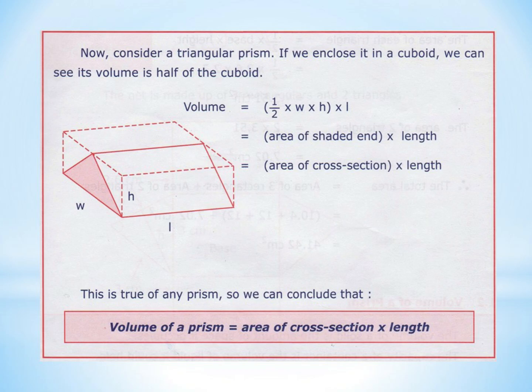Therefore, volume equals 1/2 times width times height times length, which equals the area of the shaded end times length, which equals the area of the cross-section times length. This is true of any prism. So we can conclude that the volume of a prism equals the area of the cross-section times length.